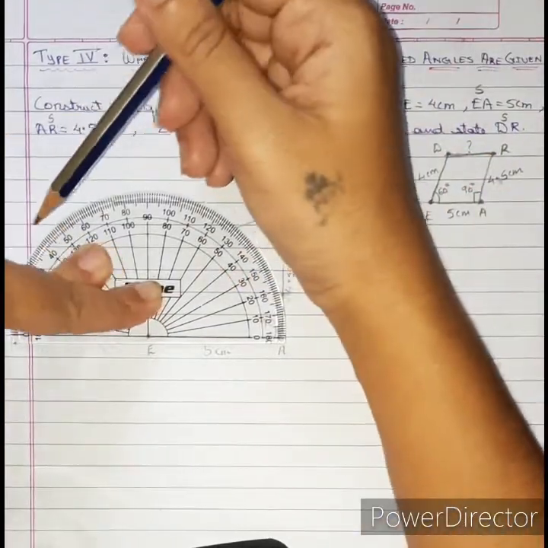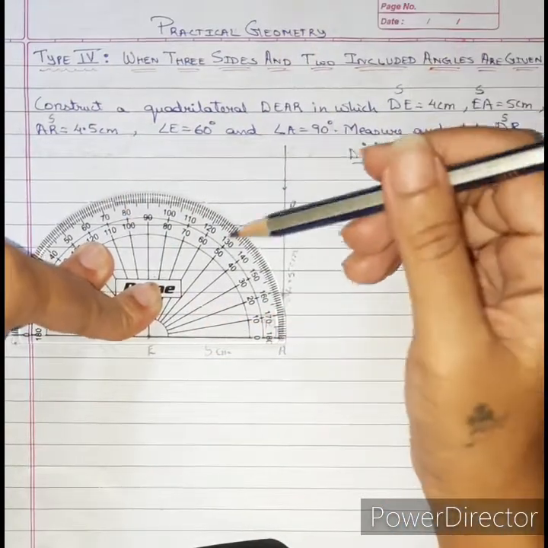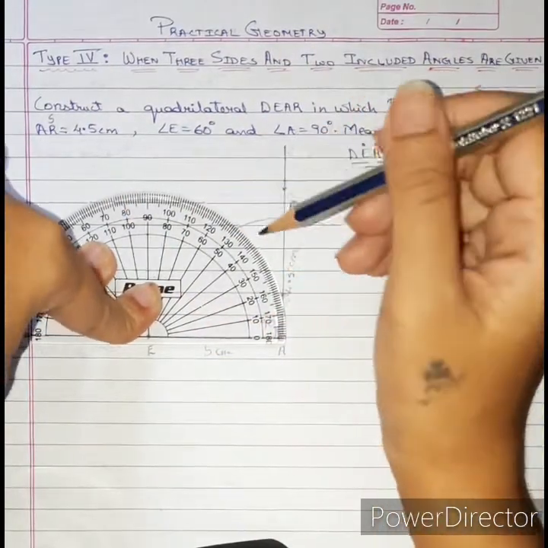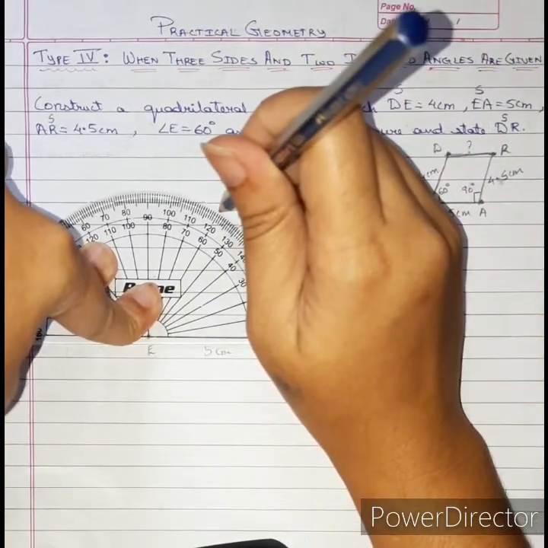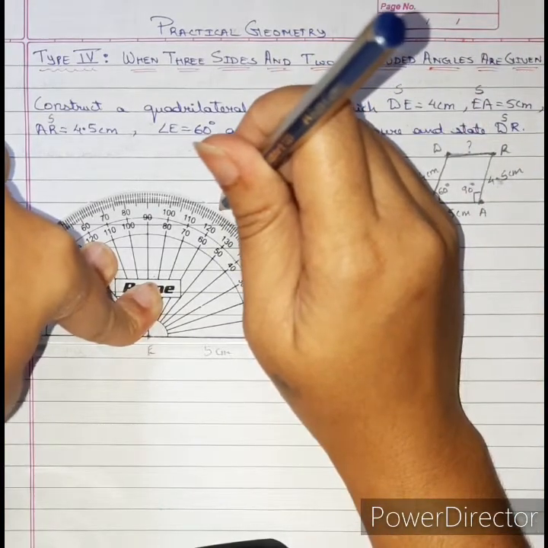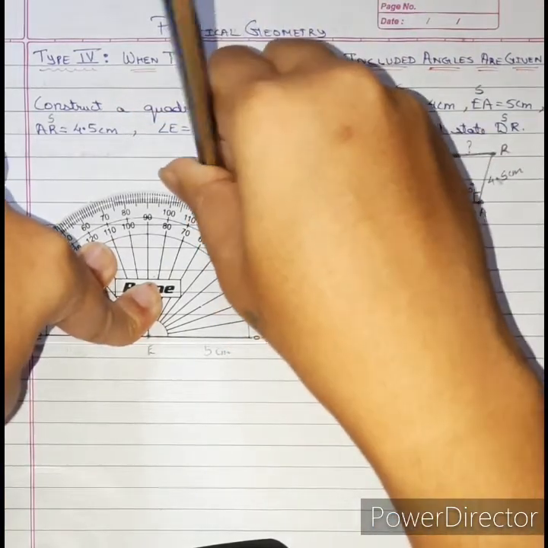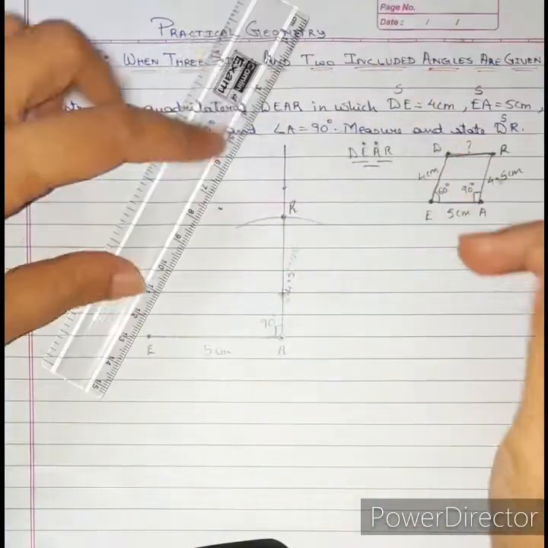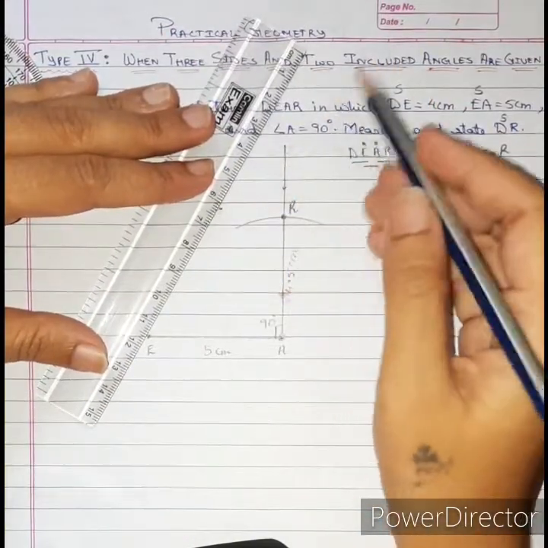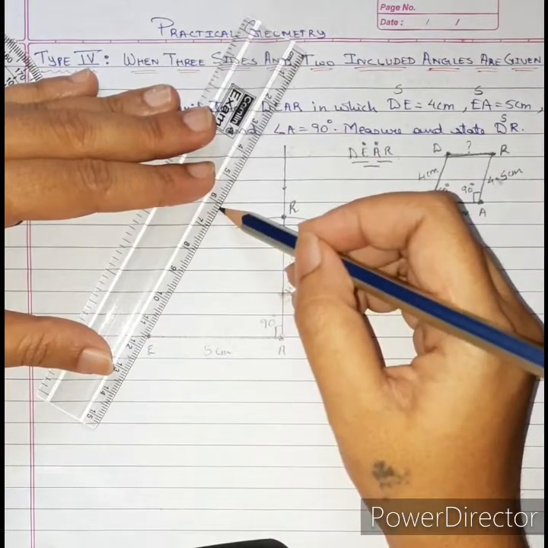You cannot take this part, it will be somewhere out, and then the quadrilateral will be slightly wrong. So 60 degree is here, so I will mark here. Okay, 60 degree, just one point, and then draw the line extra. No need to join anywhere, just take a little extra.